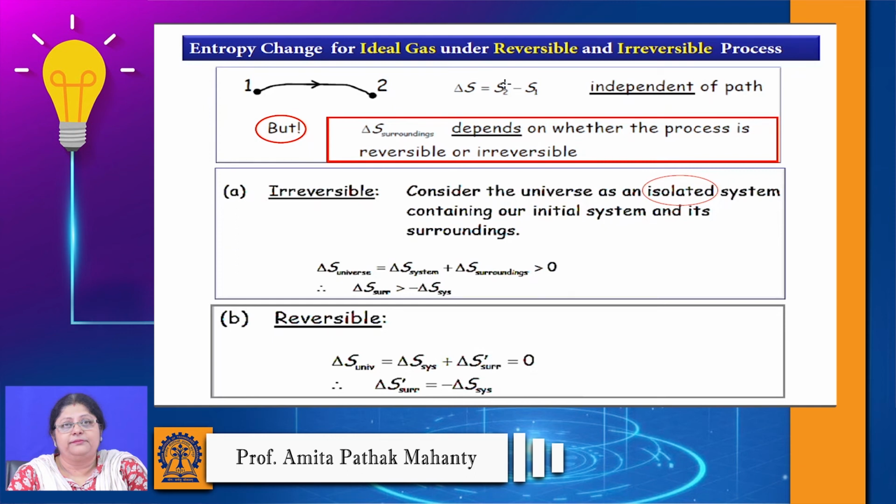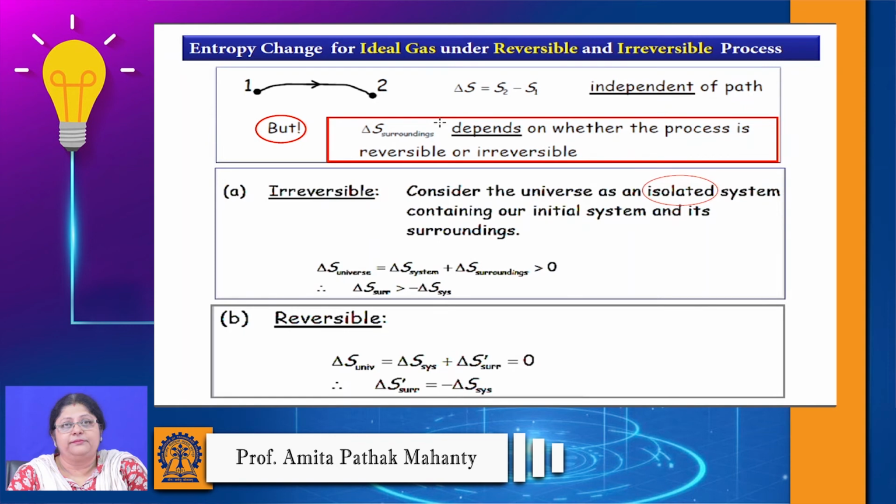But what happens to the surrounding if you are having an irreversible process in an isolated system? For an isolated system, the surrounding may not be the same as the entropy of the system.